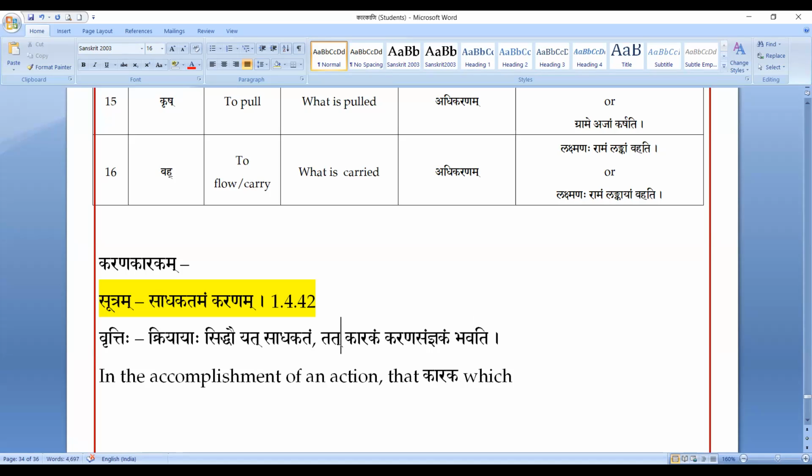Kriyayaha siddhau yat sadhakatamam. In the accomplishment of action, that karaka which is most useful gets a name.